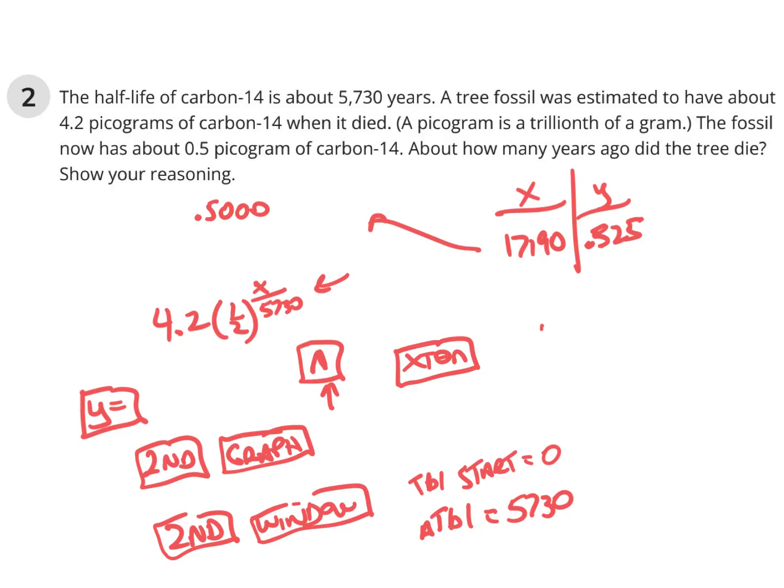It's about 3 half-lives, which is a bit more than 17,190 years. We can get closer to that, and we're going to learn something next week that gets us much closer. But this is the closest we can get with these numbers.